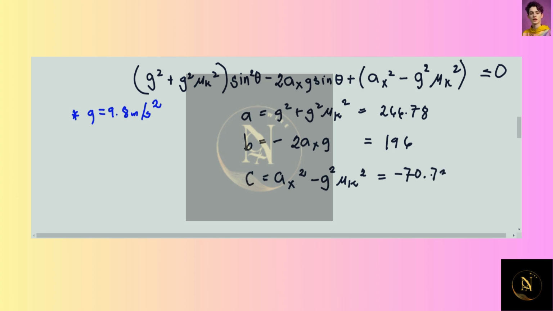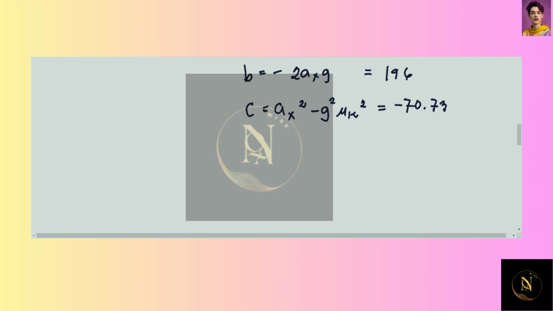Now, using the quadratic formula to get the value of sine theta, we have negative b plus or minus the square root of b squared minus 4ac over 2a.